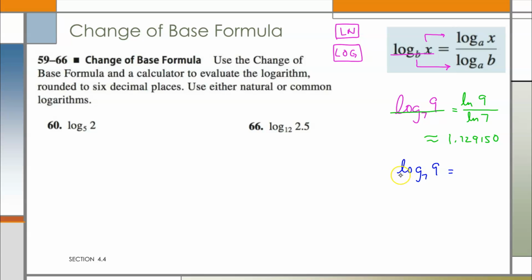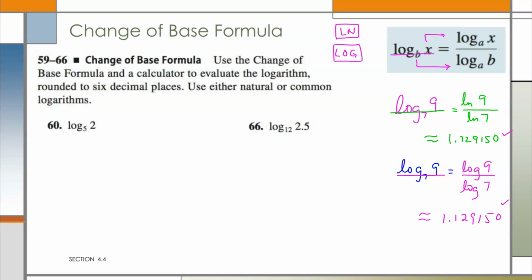If I do log base 10, the 7 is subscripted so it goes in the denominator, and the 9 goes in the numerator. In your calculator, look for the log button. Log 9 divided by log 7 gives 1.129150. It's the same exact solution.